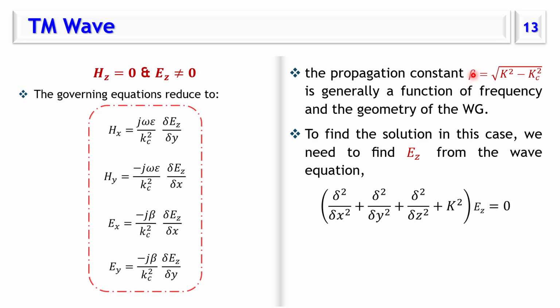And same thing here, beta, the propagation constant, equals k square minus kc square, and the homogeneous wave equation that we need to solve for Ez, so that we can find the expressions for the transverse components.